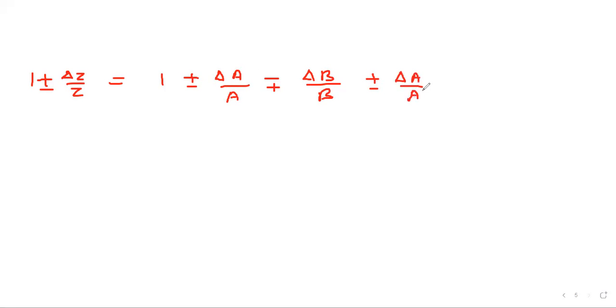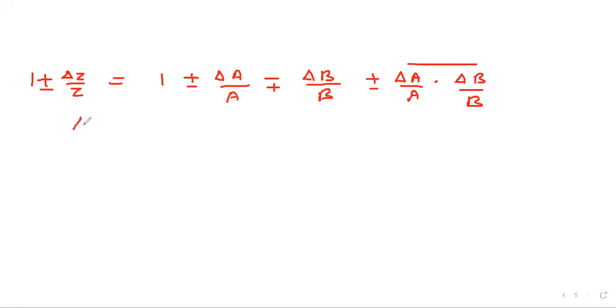So we get 1 plus delta Z upon Z, here write plus minus, equals 1 plus minus delta A upon A minus plus delta B upon B plus minus delta A upon A times delta B upon B. We can neglect this term because it is very small.